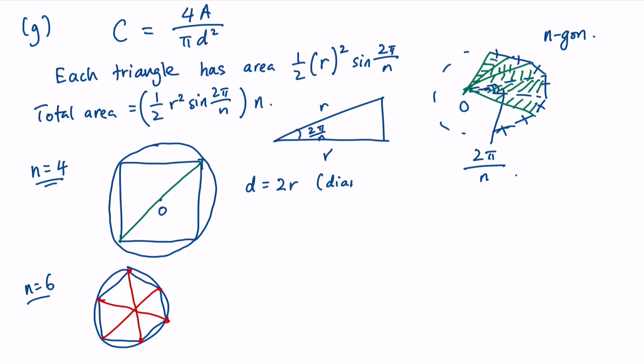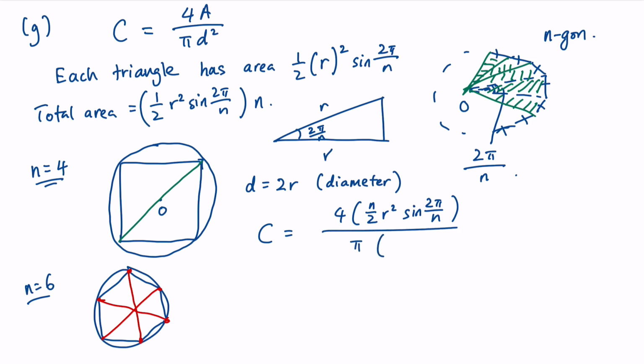Because if you think about it, for any even integer, the maximum distance between 2 points will be the diameter. So overall, c will be 4a, which is n over 2 r square sine of 2 pi over n, over pi times d square, which is 2r square.